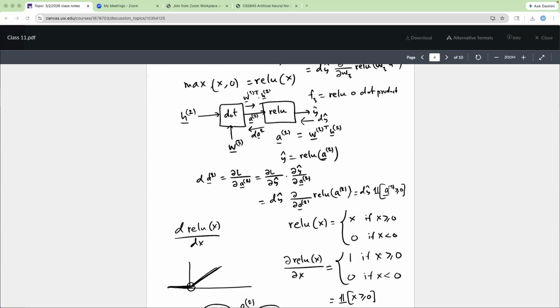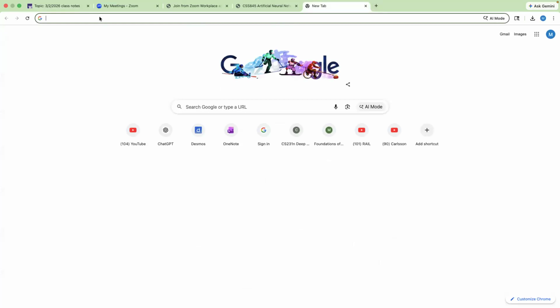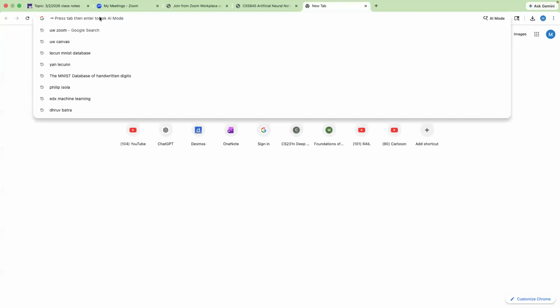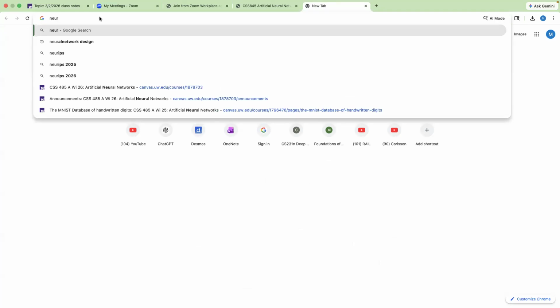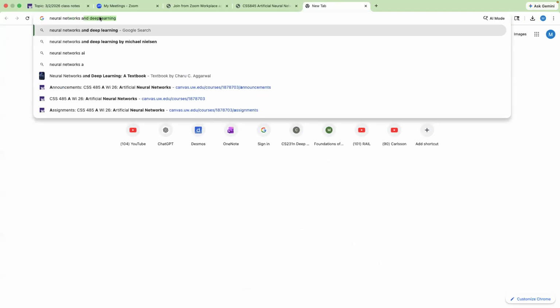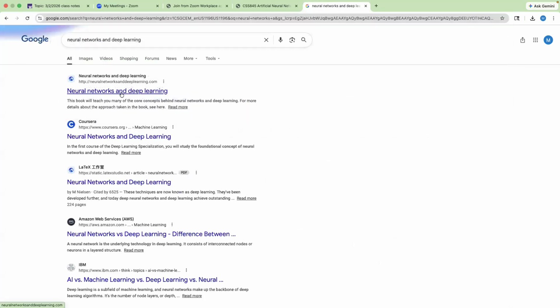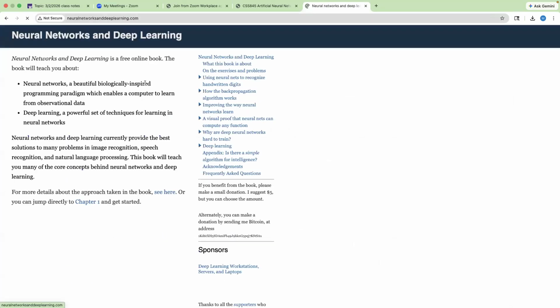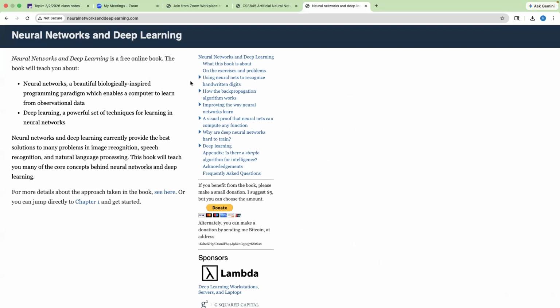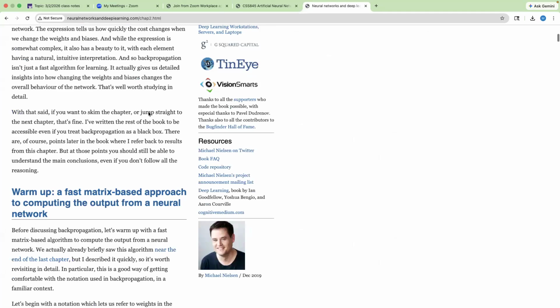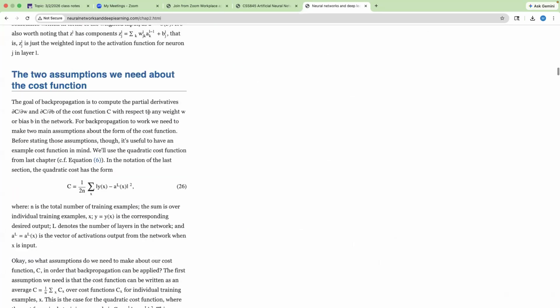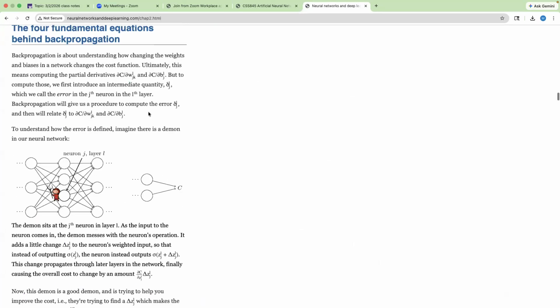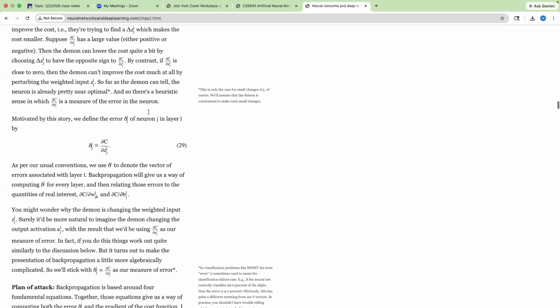And actually, I want to share with you this link. This is an excellent resource on backpropagation. In this section, if you look here, there is also a derivation for the sigmoid neural network.